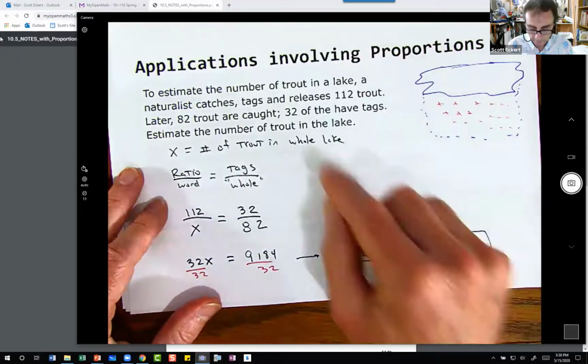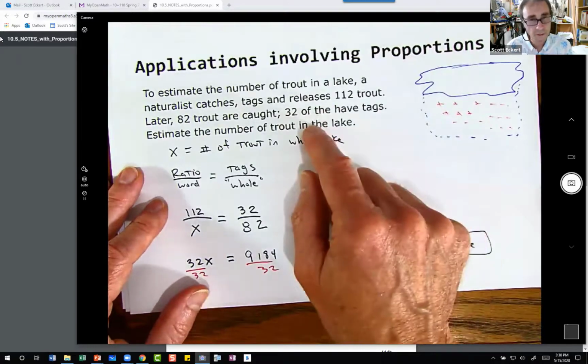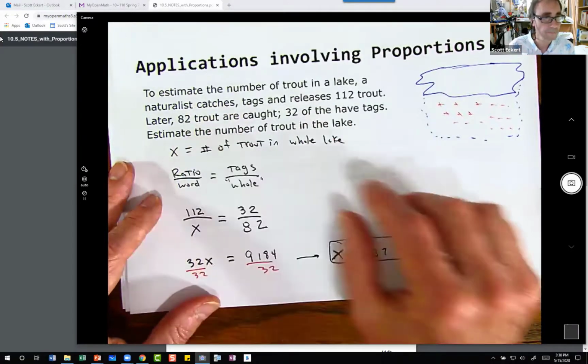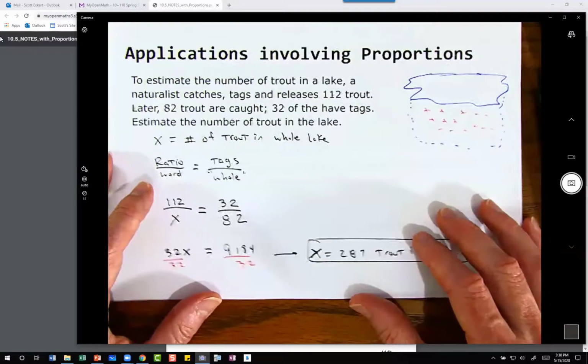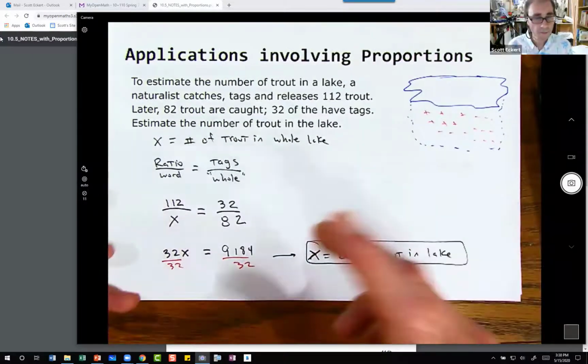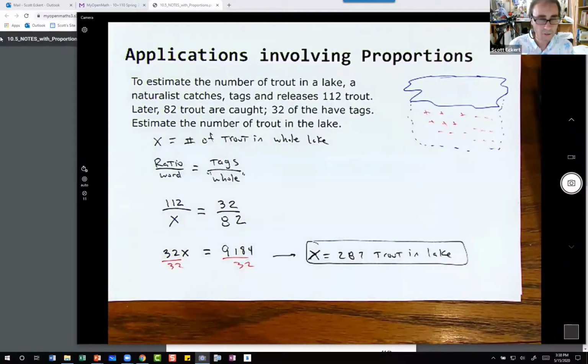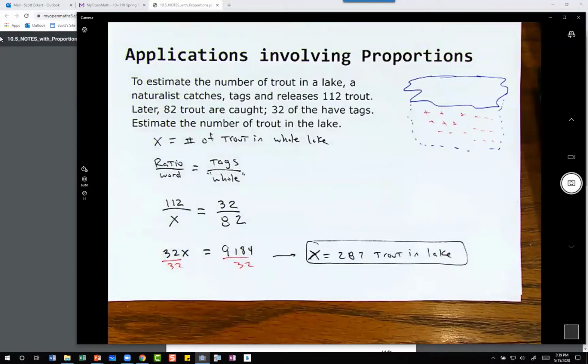And here we're comparing the number of tagged fish to all the fish. So those are little clues that we're trying to sort out when we run into proportion problems. Can we make a fraction that's comparing two things? Yes.